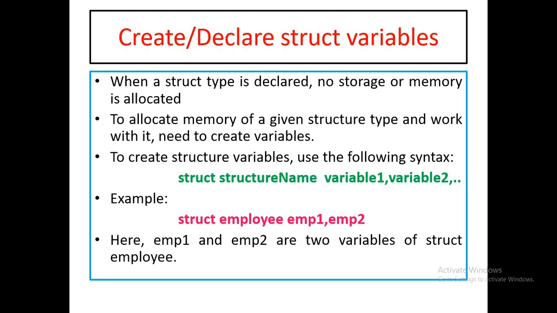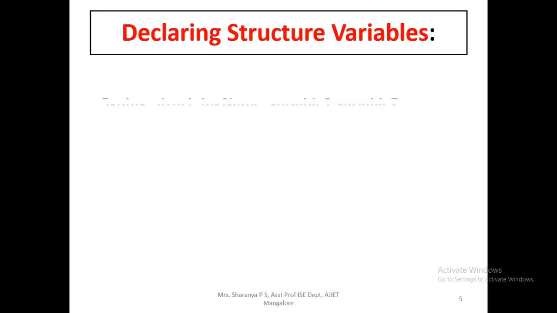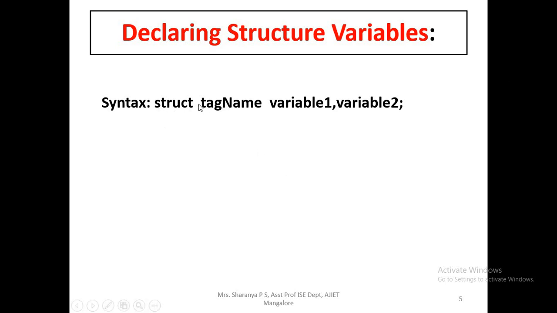We'll see with a diagram how this will allocate the memory. This is the syntax we follow. Here struct employee is the structure name, and employee 1 and employee 2 are the variables of the structure.